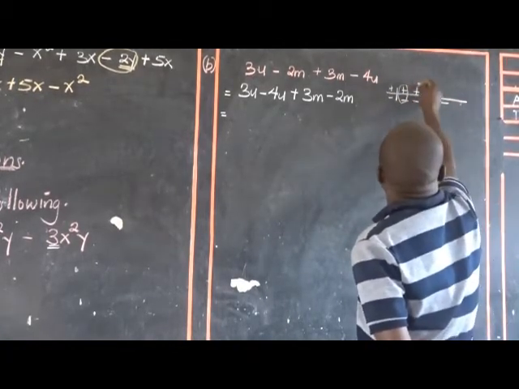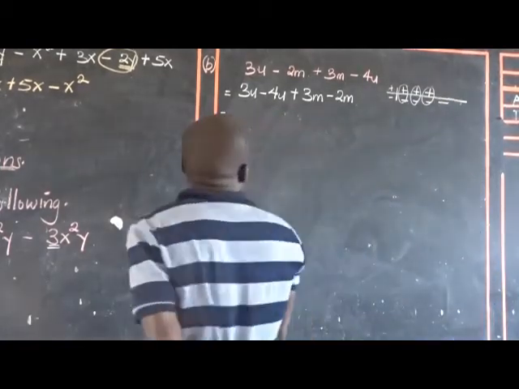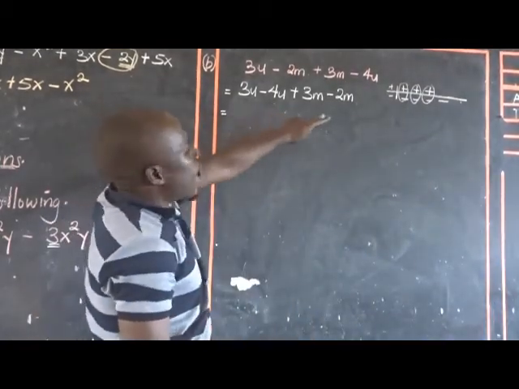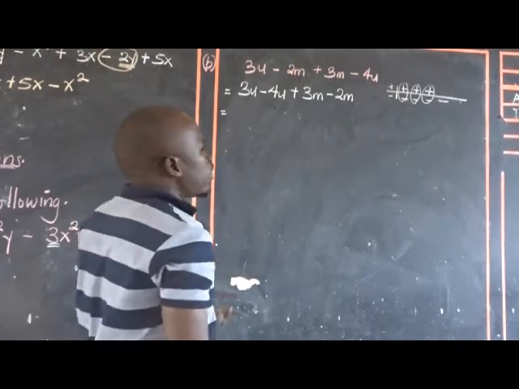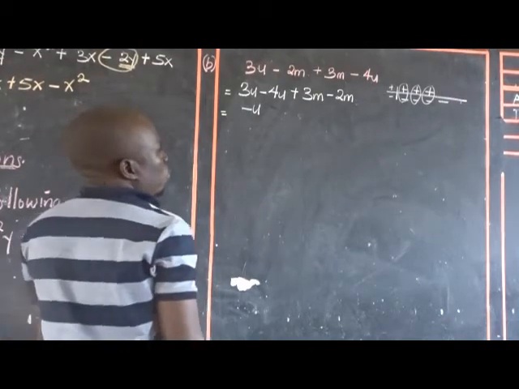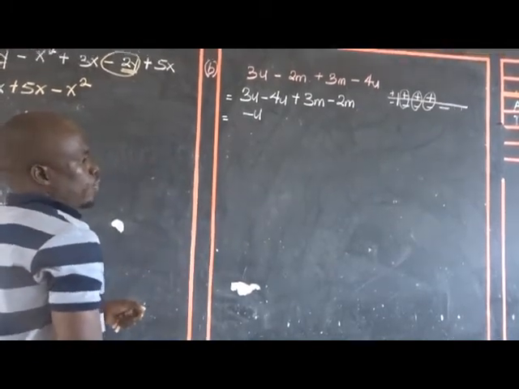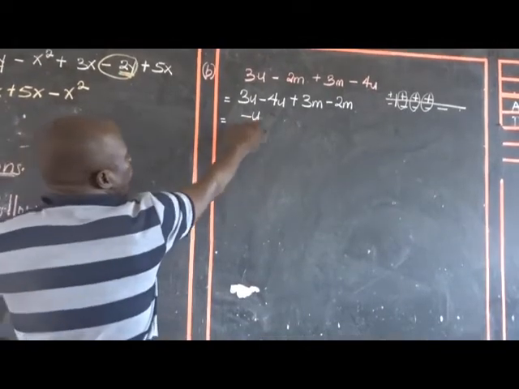So these ones go together. This implies that our u is a negative, and it is 1, therefore it will be negative u. In this case, you don't write negative 1u, you integrate the coefficient and take the variable. So it will be negative u.